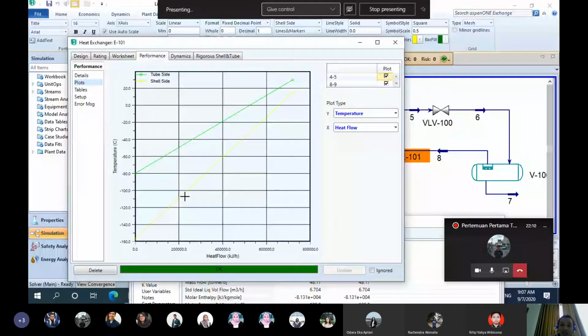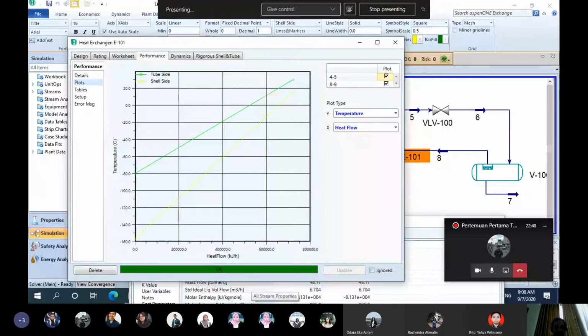The cold curve should be lower than the hot stream. The cold stream should have a lower temperature compared to the hot stream here. And the difference, at the end of the process here, is 14 degrees.